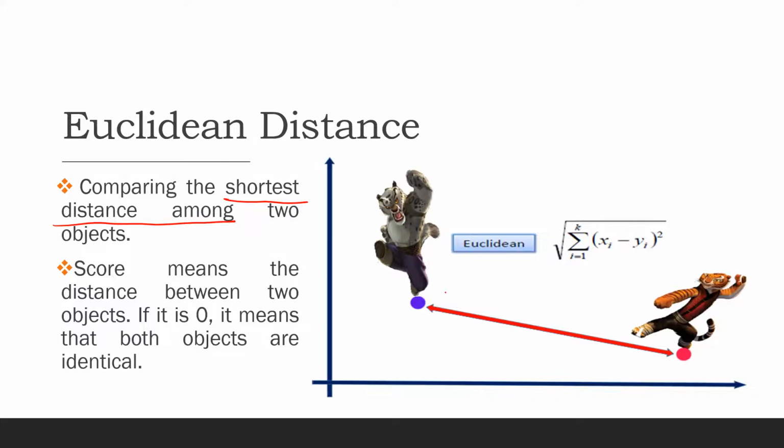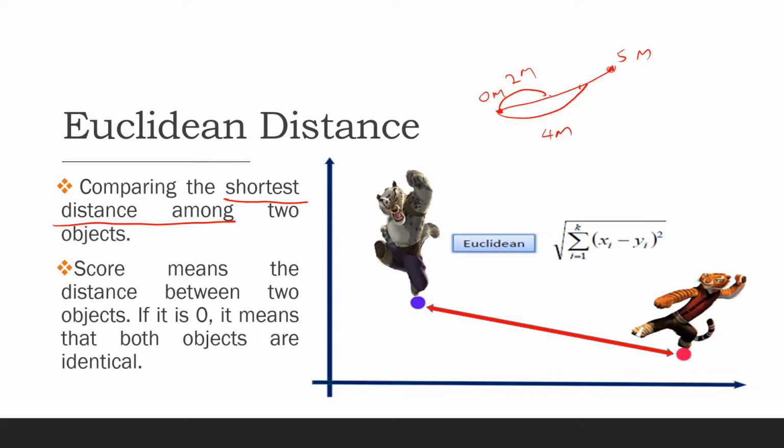Let's say the shortest distance between the two objects is now 5 meter. After a few minutes, 4 meter. After a few minutes, 3 meter. Initially the distance is 5 meter, then 4 meter, then 2 meter, and finally 0 meter. Previously the distance was very high, so they were low similarity objects.